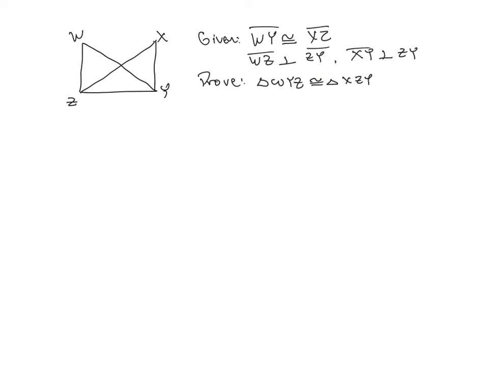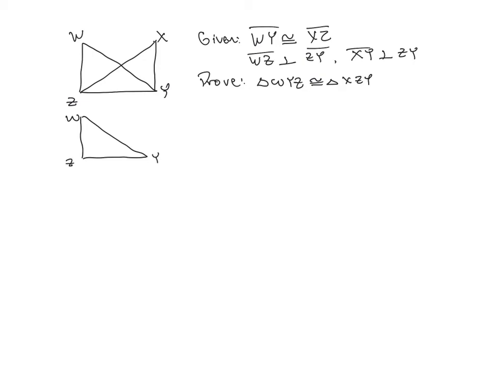Okay, so part of the challenge to this problem is that we have overlapping triangles. So WYZ, I'm going to draw it a little bit smaller just to save some room.